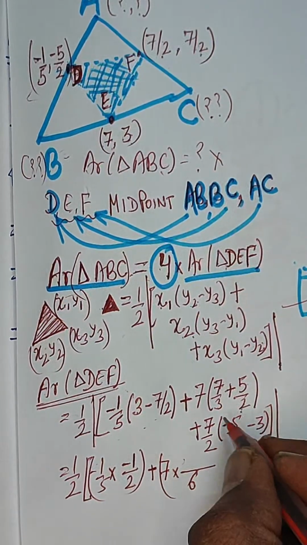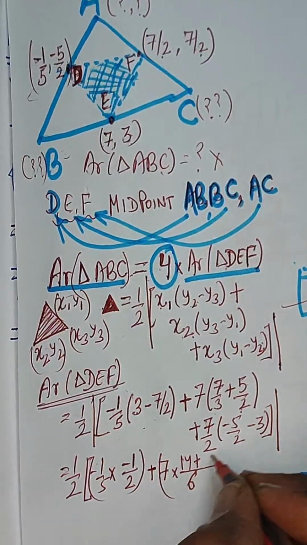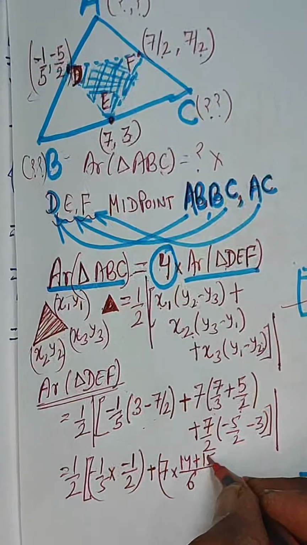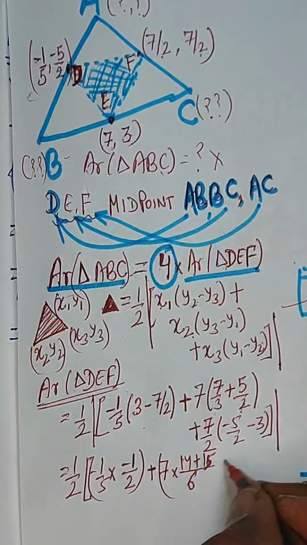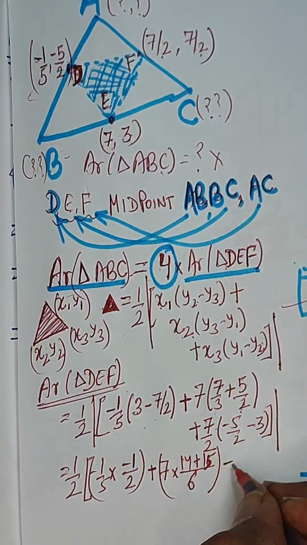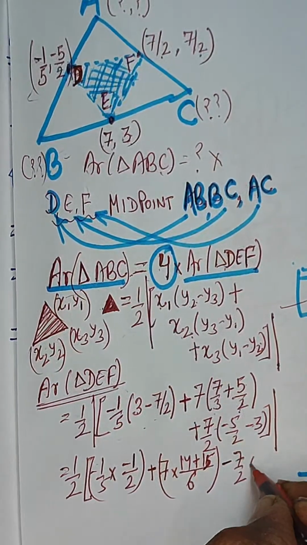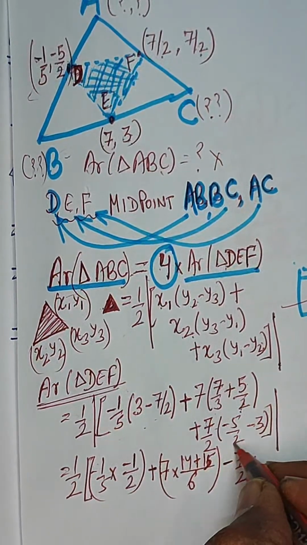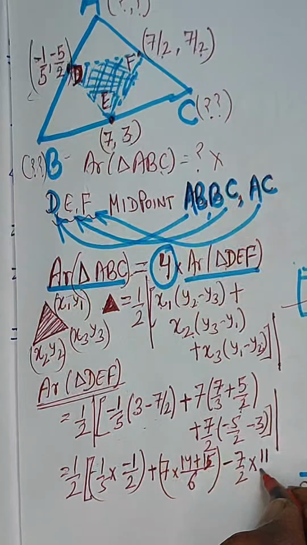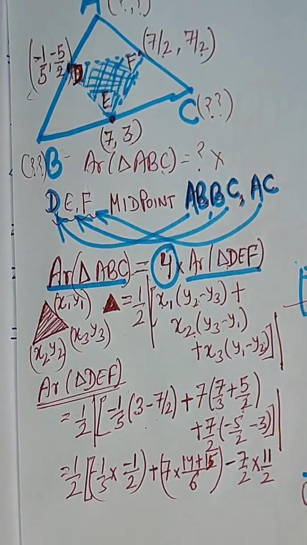So it will be 3 into 2, 6, 14 plus 15, right? Minus, here minus is taken as common, minus 7 by 2 into 2 into 3, 6, 6 5 11, into 11 by 2, right?